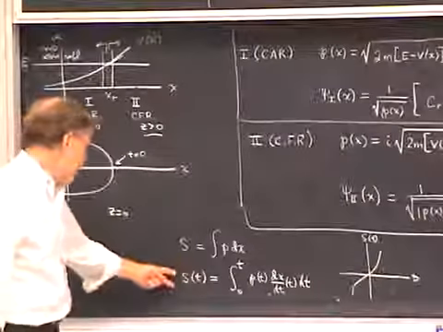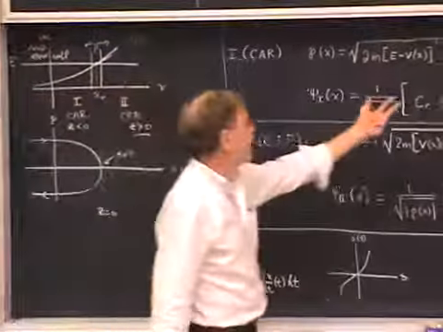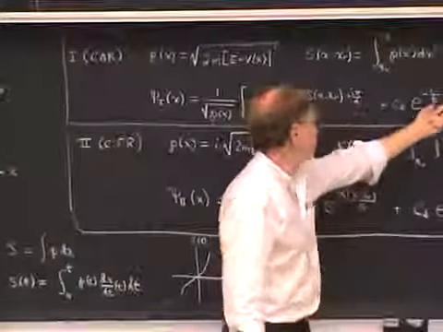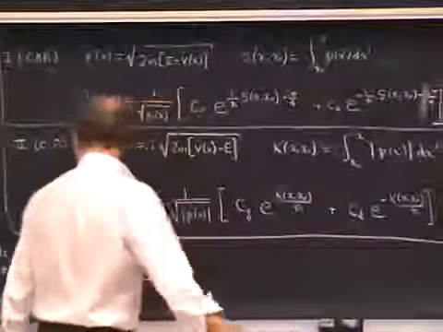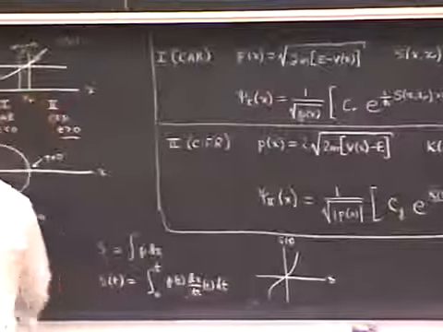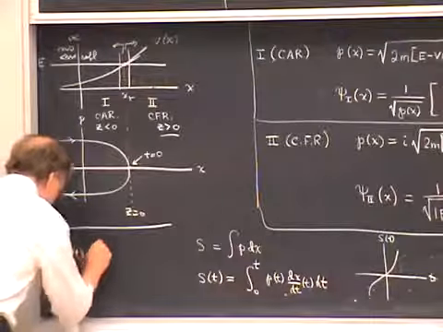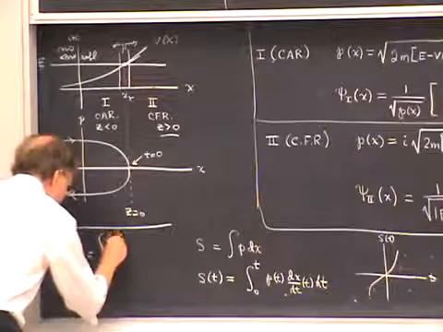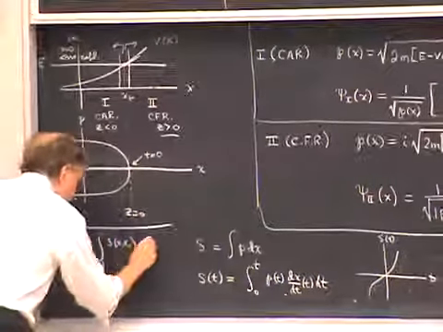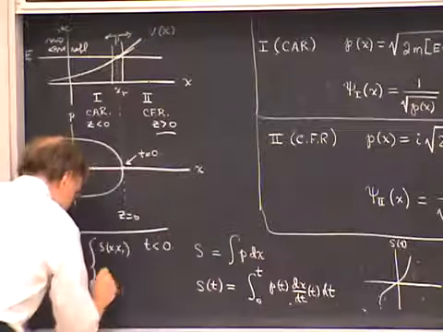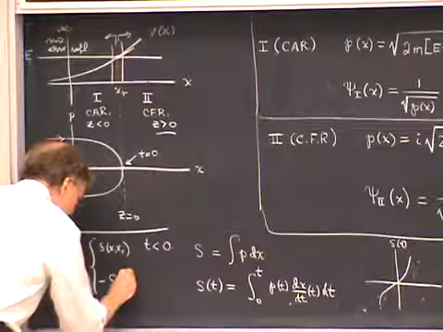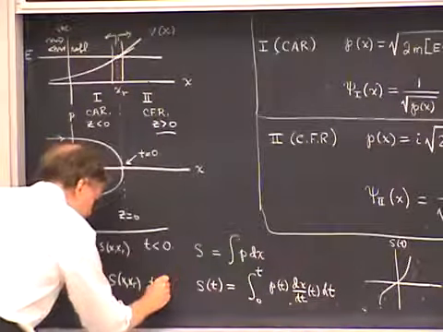On the other hand, the s of t is obviously closely related to the s of x comma xr, which is appearing in the exponent here. And the question is, what is the relation between them? The answer is that s of t is equal to s of x comma xr when t is negative, and it's equal to minus s of x comma xr when t is positive.